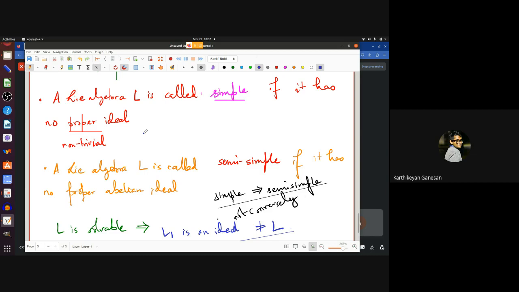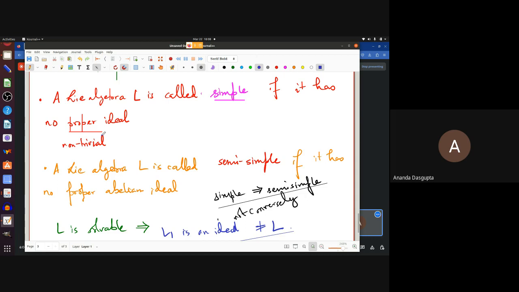It cannot be simple then. If this were the definition, just this, then think about it a bit. L being solvable means L1 is an ideal and it's not L.